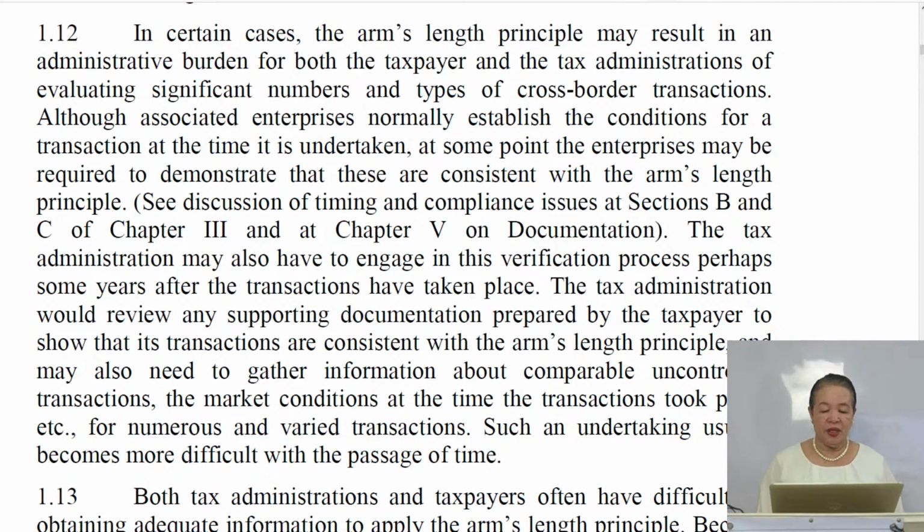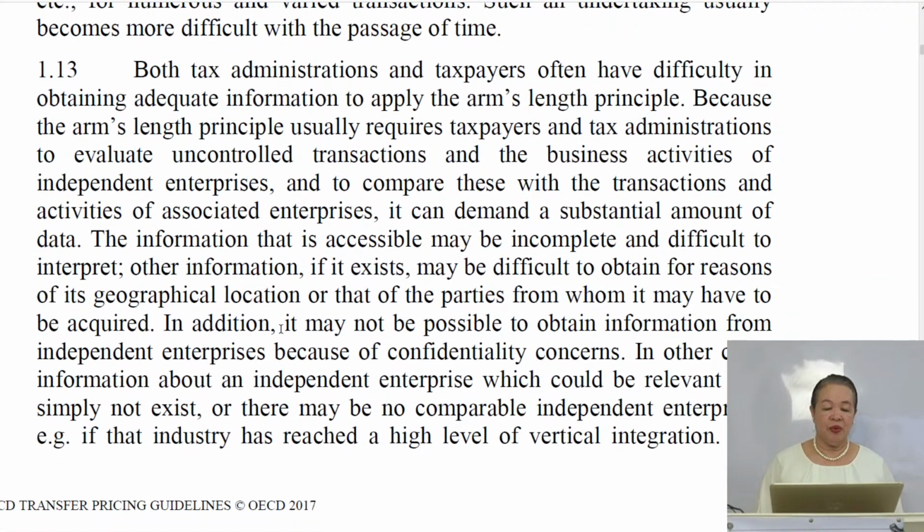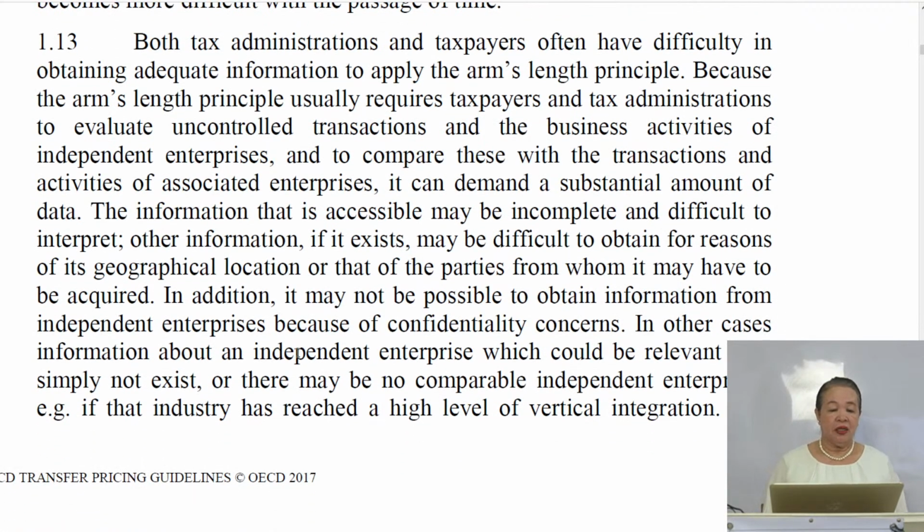So both tax administration and taxpayers often have difficulty in obtaining adequate information to apply the arm's length principle, because the arm's length principle usually requires taxpayers and tax administrations to evaluate uncontrolled transactions and the business activities of independent enterprises. So we have to compare, no? So if the situations are already different, then it's hard, no?